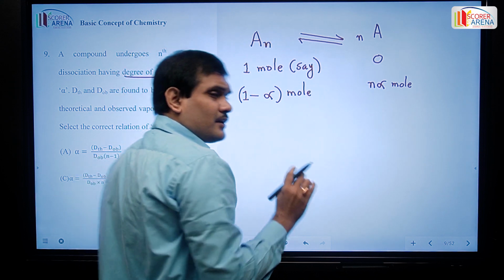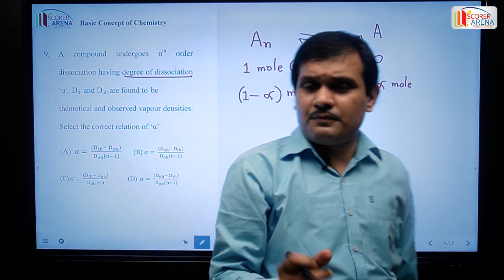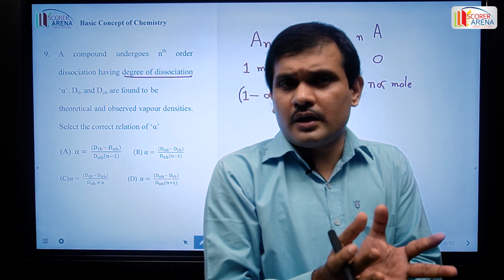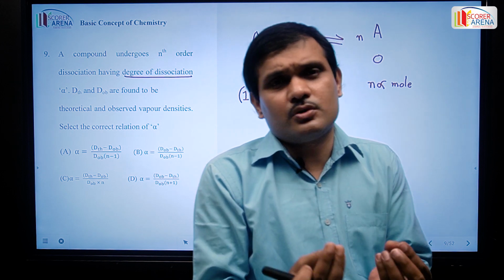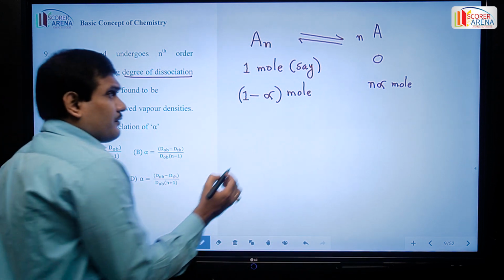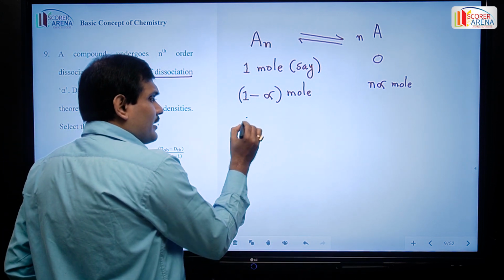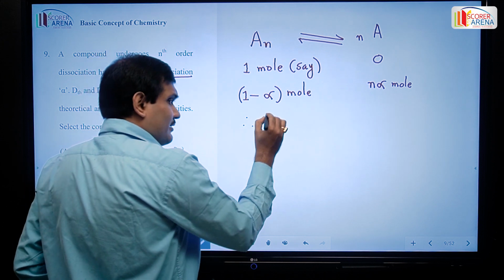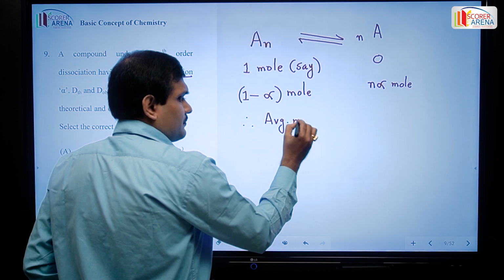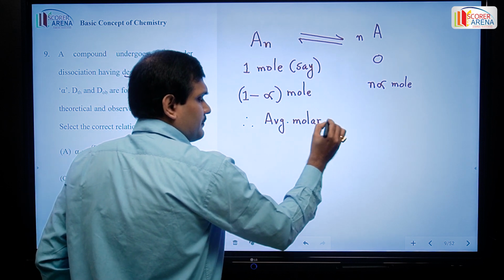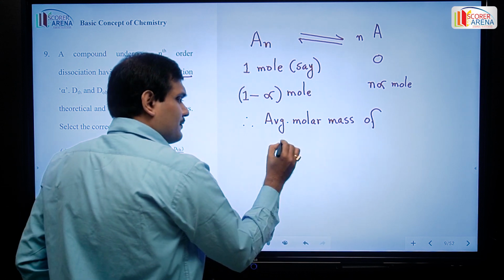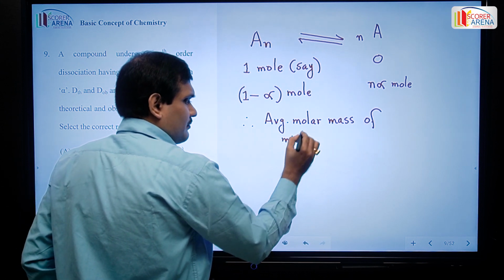So by definition of degree of dissociation alpha, if we take 1 mole of A, it will break up to produce n moles of some quantities. So definitely, I am writing directly the average molar mass after fragmentation.